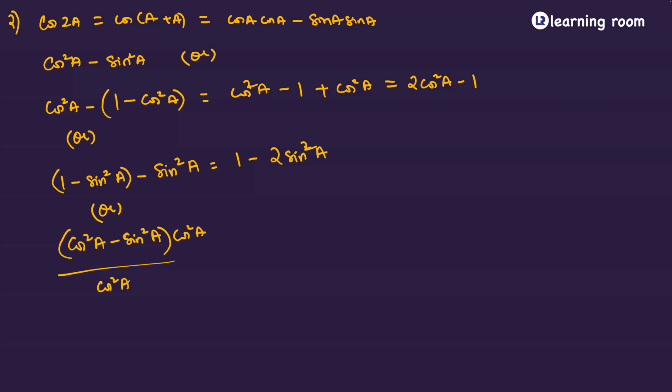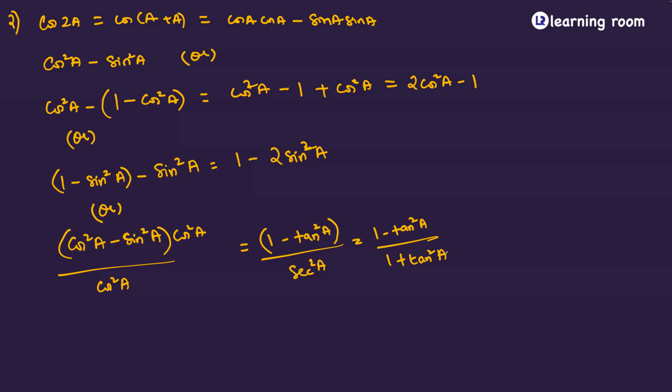So cos square a by cos square a, 1. Sin square a by cos square a is tan square a, and 1 by cos square a can be written as secant square a. So it will be 1 minus tan square a divided by 1 plus tan square a.